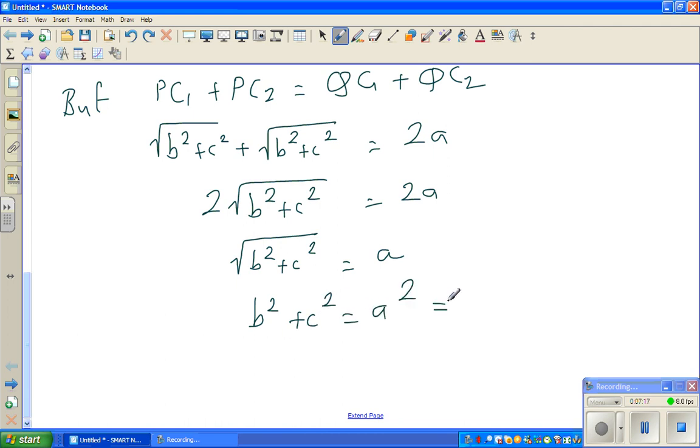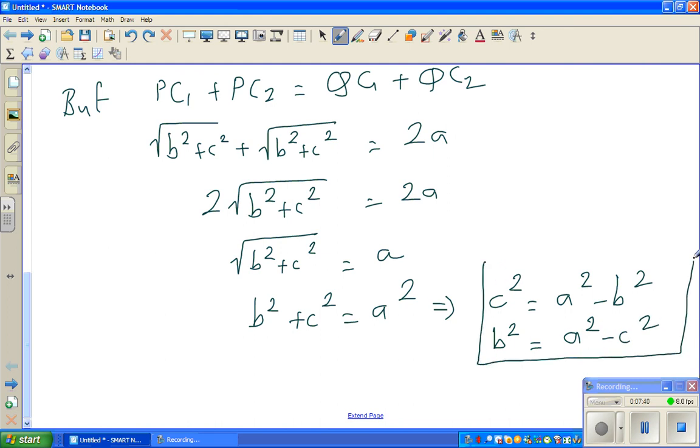This implies two important results. C squared is A squared minus B squared, and you can also make B squared the subject: B squared is A squared minus C squared. We'll probably use one of them later on.